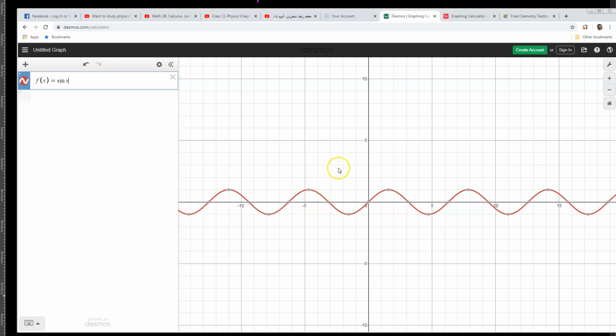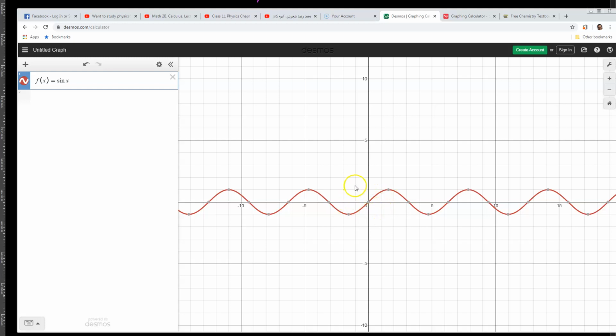Which means that I need to restrict the domain of this function so that it becomes 1-1, and then we can find the inverse of this function. So now let's do exactly that. If I restrict the domain to negative pi by 2 to pi by 2, then it becomes 1-1.